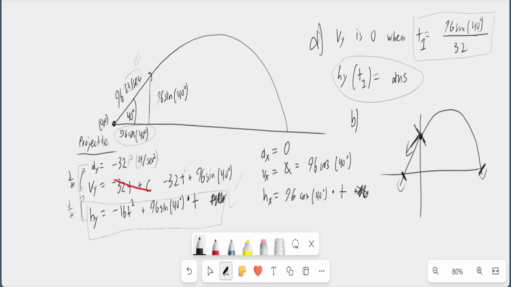Okay, and let me check what C is. C is the maximum horizontal distance the projectile will cover. Well, when it hits the ground, it's not going to move anymore, right? So we know what time, since we know when the height is going to be.